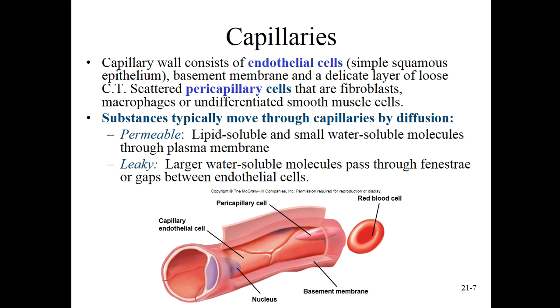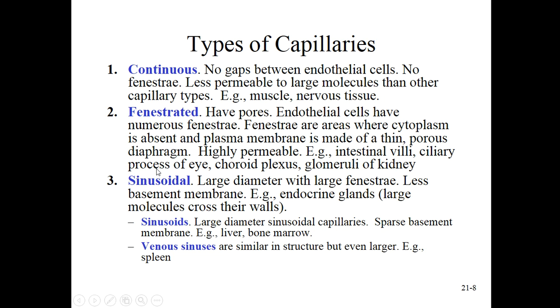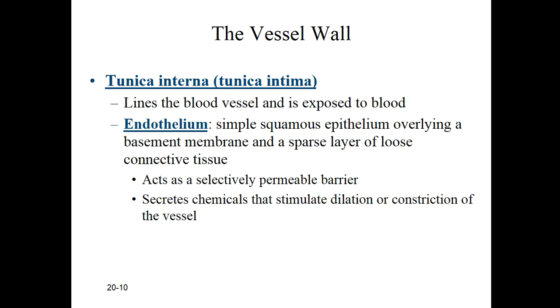Think allergic reaction and why you get all swollen after a bee sting, or how someone with a peanut allergy can have their face really, really puff up. The point I'm trying to make is these capillaries are dynamic, and the leaky quality can be up or down regulated through hormones. Different types of capillaries too.